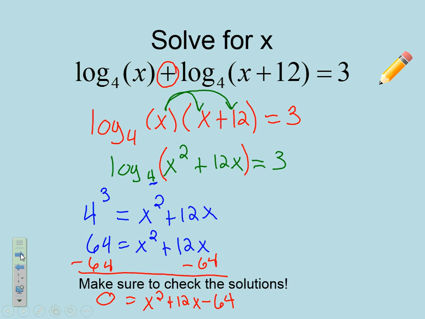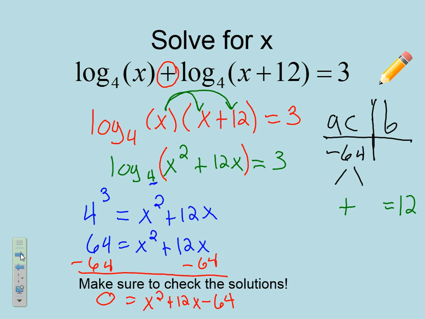So from here, I need to do the AC method. So here we go. AC method. A times C has to add up to B. So my A is 1 and my C is negative 64. So I need to find the factors of negative 64 that add up to 12.